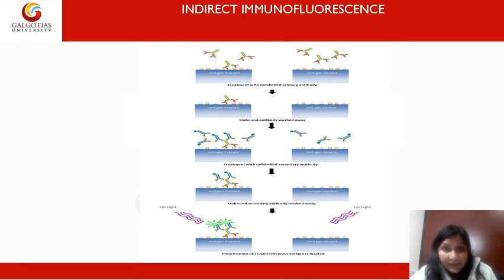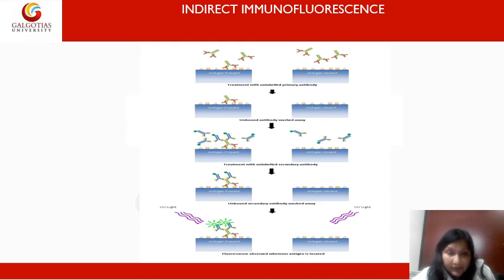Now, let's understand this indirect immunofluorescence using this diagram. Again, we have taken two types of experiment. On the left hand side, we have taken the microtiter plate in which the respective antigen is present, whereas on the right hand side column, there is no such antigen present in the microtiter plate. You can see first we have added unlabeled primary antibodies to both the microtiter plates.